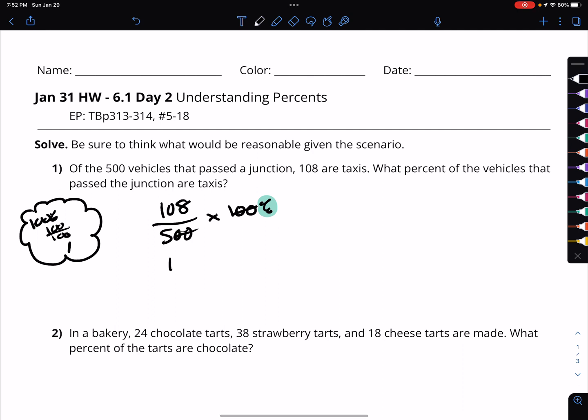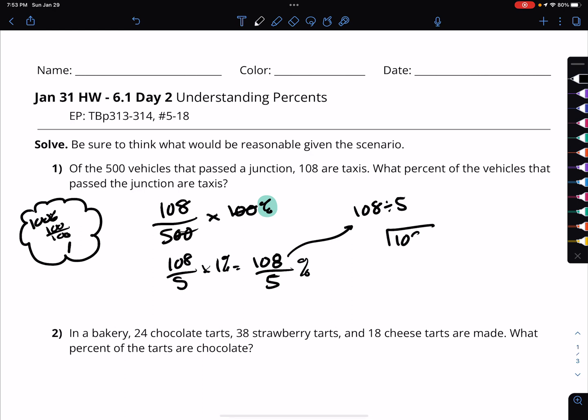So I'm left with 108 fifths times 1, and that's just 108 over 5%, because that's percent, so this is going to be our percent. In this case, that percent sign almost functions like it's a unit.